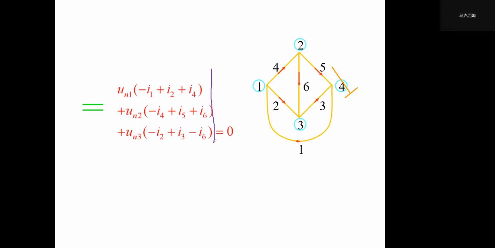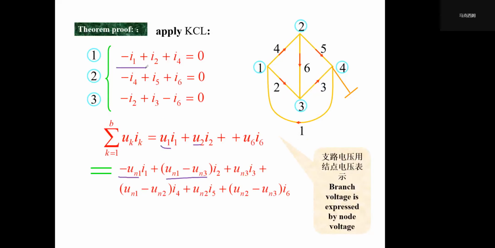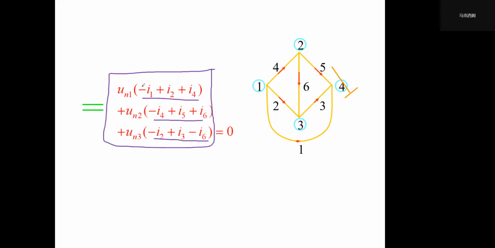The left part of this equation could be classified into 3 factors: Un1 times this stuff, Un2 times this stuff, Un3 times this stuff. And we also know from KCL that negative I1 plus I2 plus I4 equals 0. So this one equals 0.